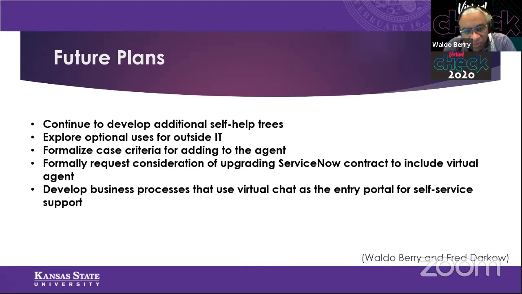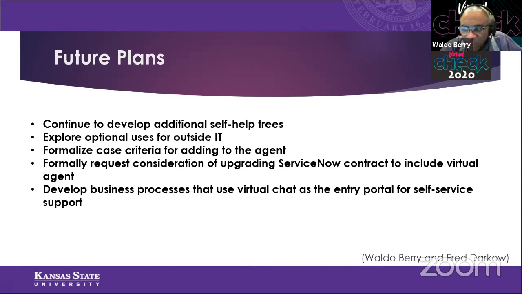So we were able to do all of this work on the development side. That means that we can go in, fully develop the virtual agent, get all of our trees built, get everything ready to go, and then use this as a platform to demonstrate to administration the value of adding a virtual agent. Then a decision can be made if we want to implement, and if so, we simply transfer all of the work that we did on the development side onto production, and our virtual chat agent is up and running in full production mode.